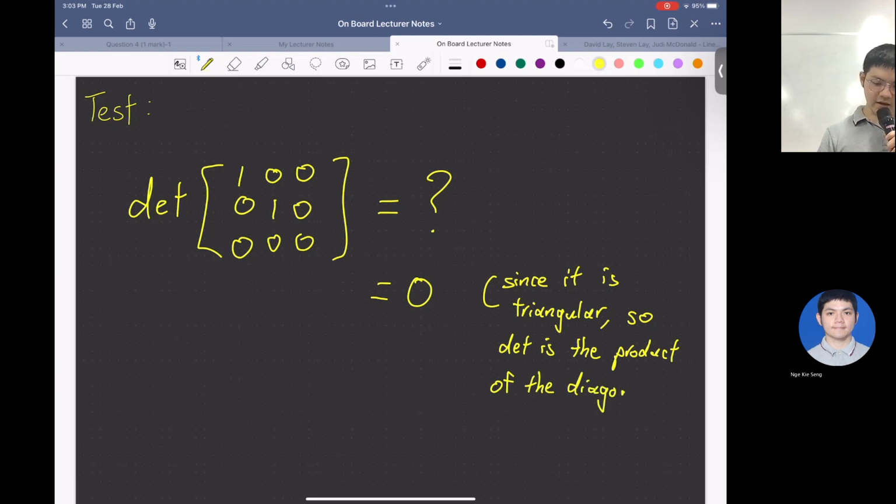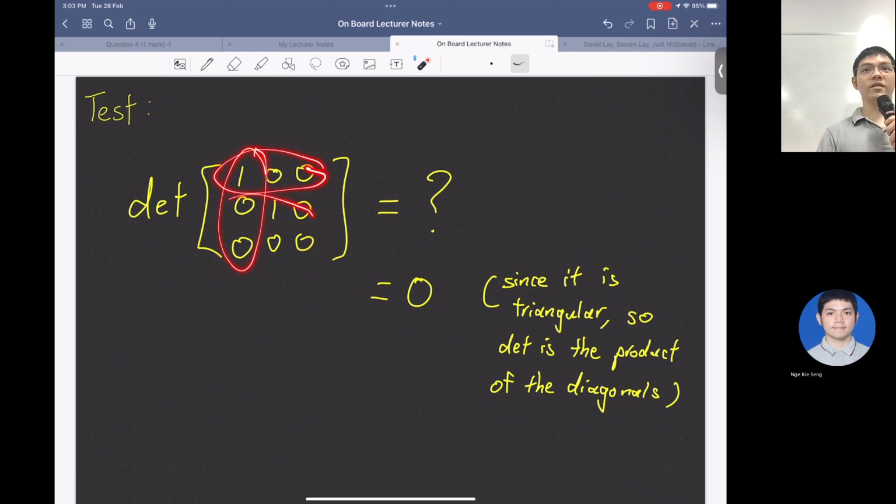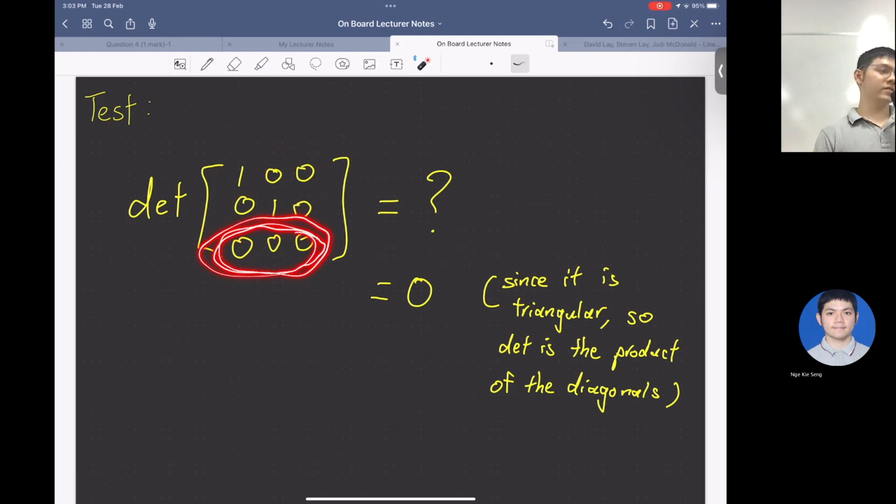Another way to see it is determinant can be calculated using cofactor expansion along any row or column, right? So if you do cofactor expansion along the 0 row or 0 column, you also get 0.